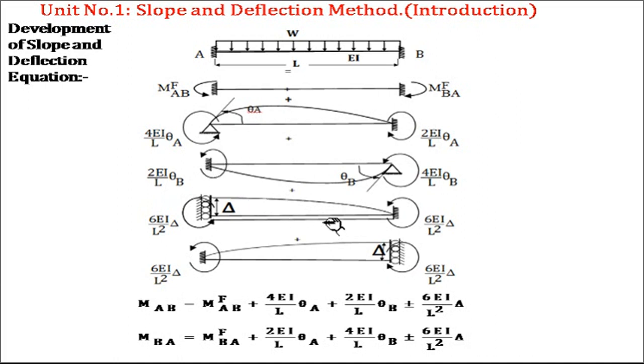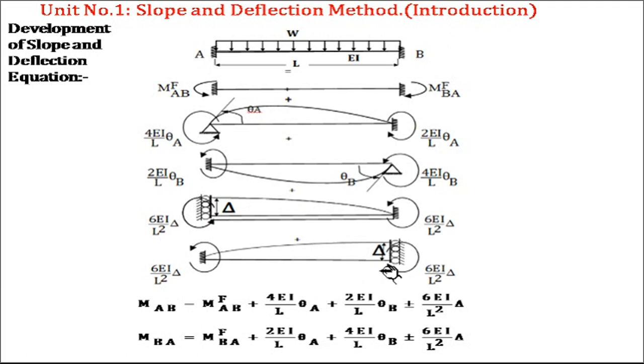Now in the next figure, maintaining the fixity at A and B, that is at both ends, produce a vertical deflection delta at A. Due to this, the moment at each end will be 6EI upon L square delta.